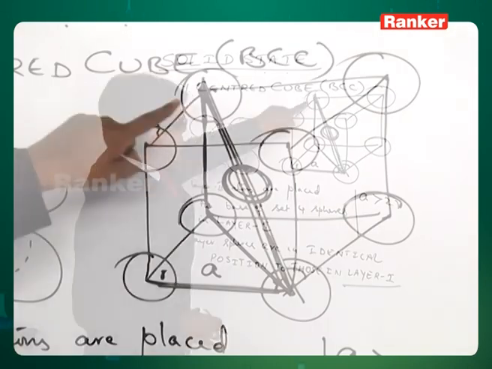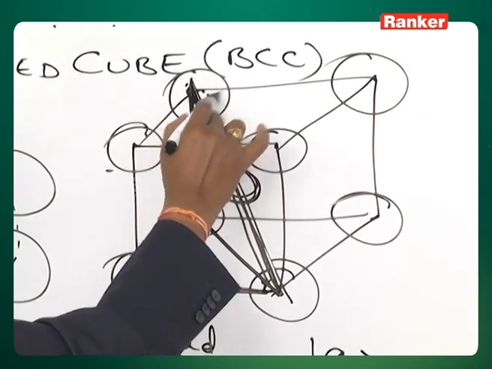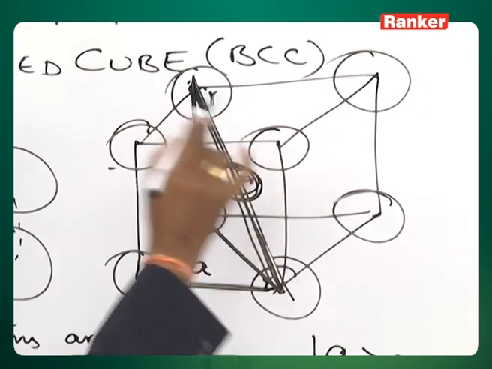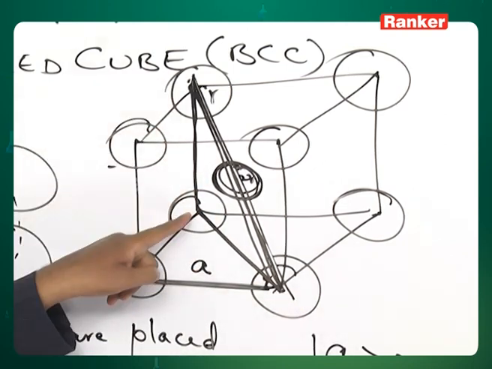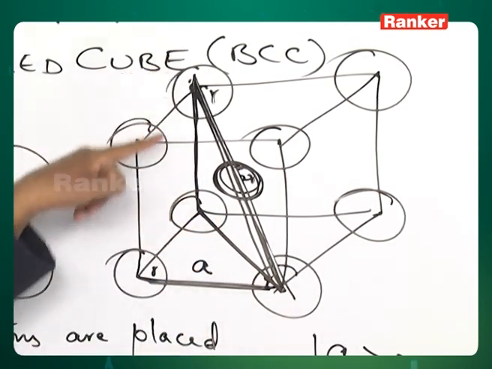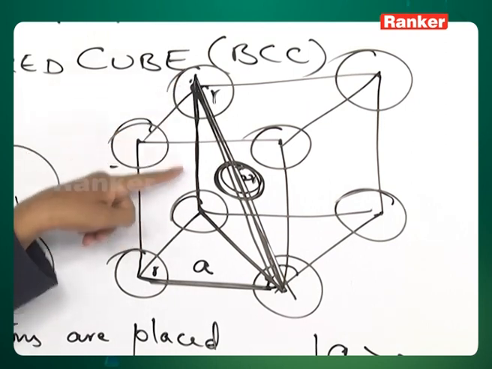Right? So, now if you take this radius as r, this diameter is 2r, then this radius is r, total 4r, and this is 2a square, and this is a square.